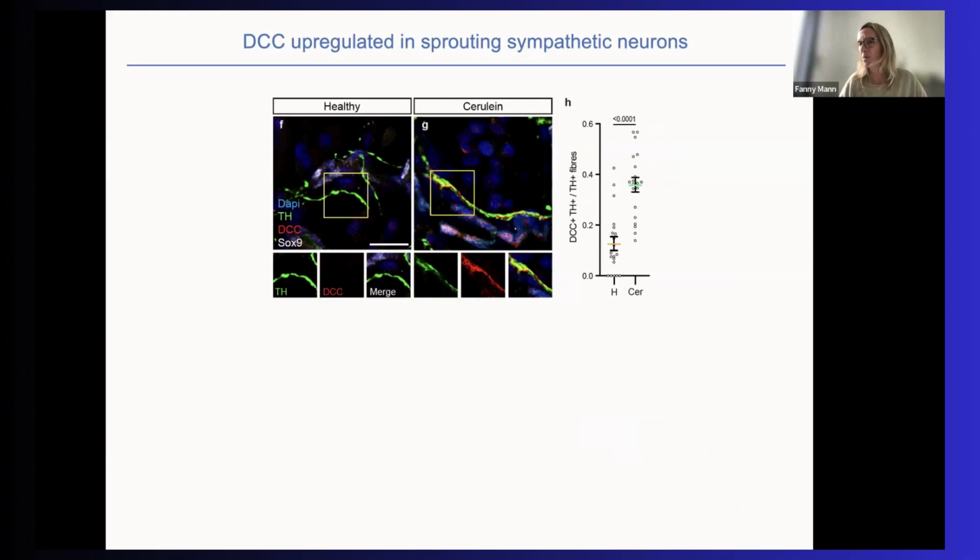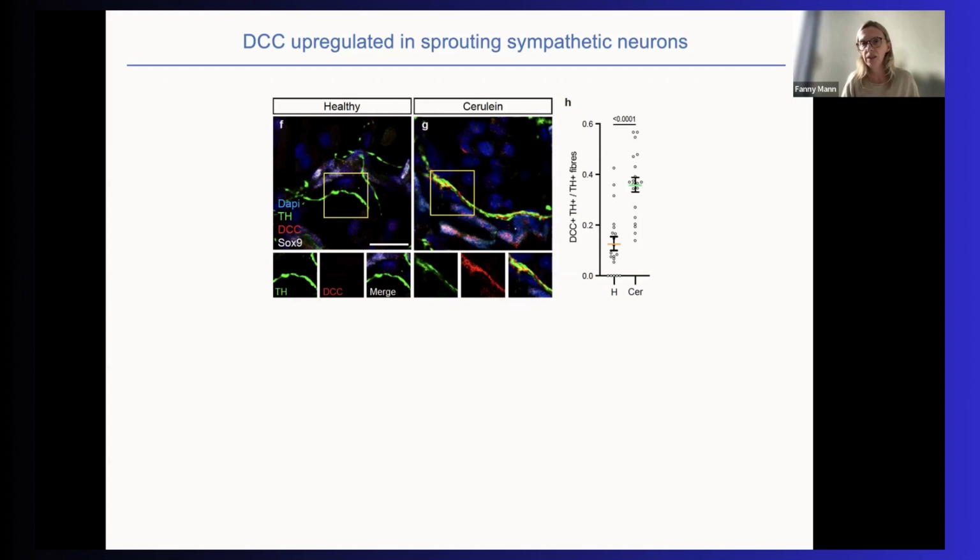This is a transmembrane receptor which is expressed on the surface of sympathetic axons during embryonic development, and its function is important for sympathetic axons to innervate arteries. After development, DCC expression goes down, and it is barely detectable on the sympathetic axons in the adult, and we found no expression on axons in the healthy pancreas.